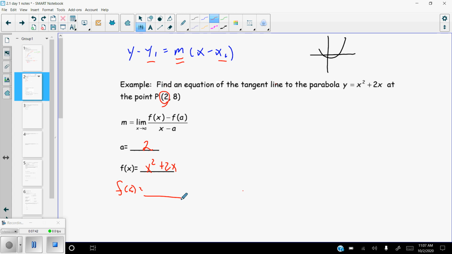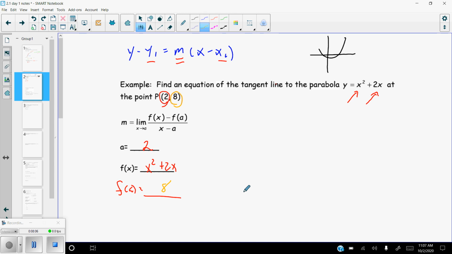You could certainly plug 2 back into here and get a value, but they gave that to us because that's what this is. That's f of a, so that's 8. If you plug 2 back in, you would certainly see that. Now, if they don't give you the 8, if they just tell you that x is 2, then you'll have to find the 8 yourself.